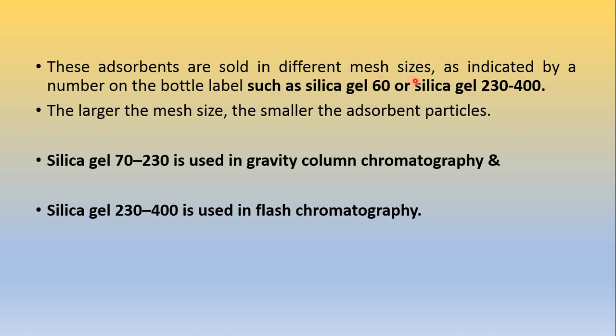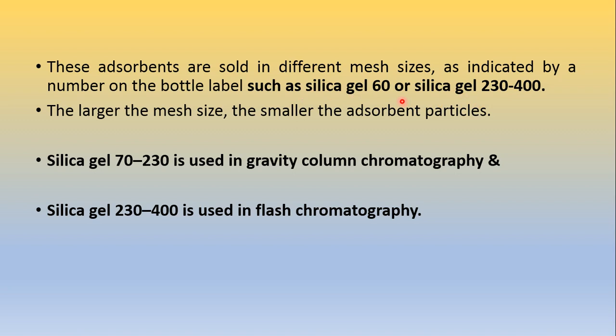If a material forms high pores per unit area, then we can say that it has high mesh. But if the pore numbers per unit area are low, then we say it is a low mesh adsorbent, as indicated by a number on the bottle label, such as silica gel 60 or silica gel 230-400.